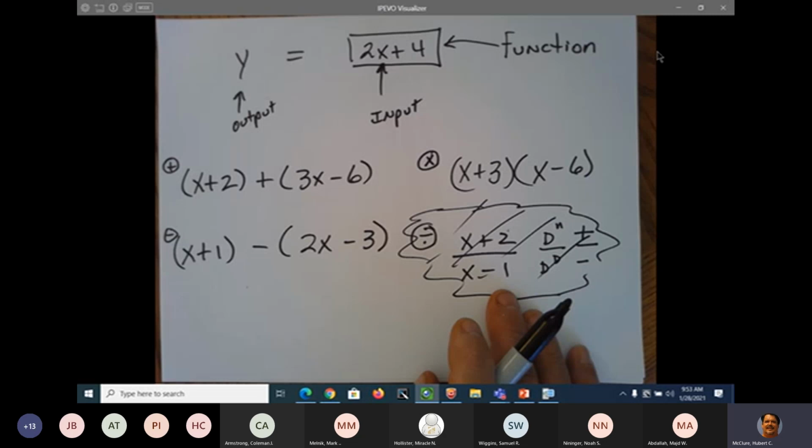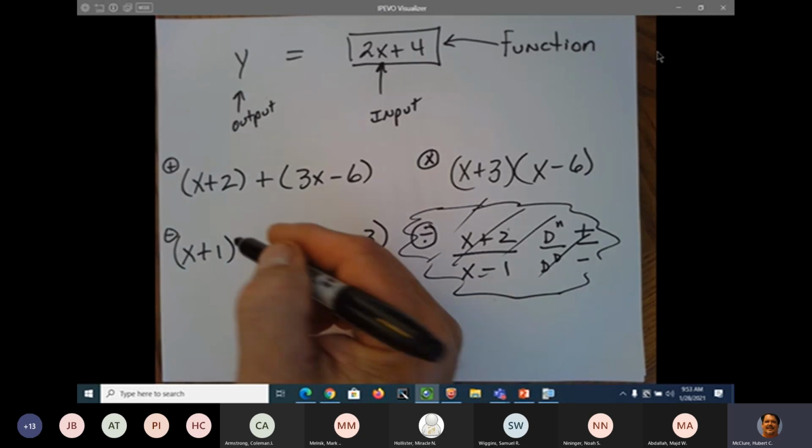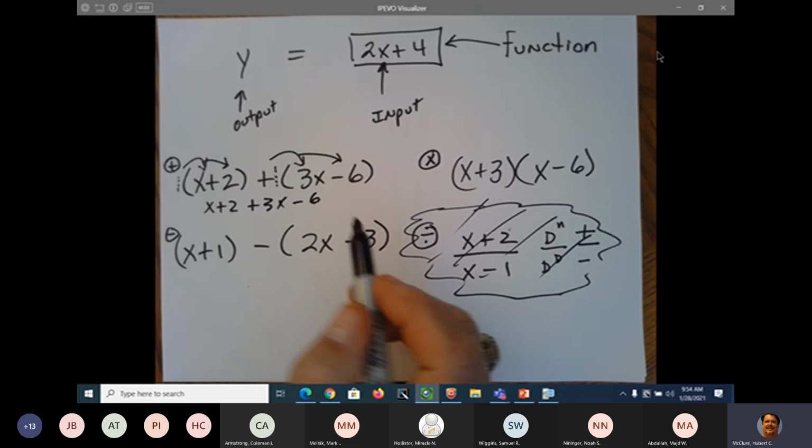But with these, you just distribute the positive 1 and distribute the positive 1, and you get x plus 2 plus 3x minus 6, and that's going to give you 4x plus 4. And all of you know how to do those.